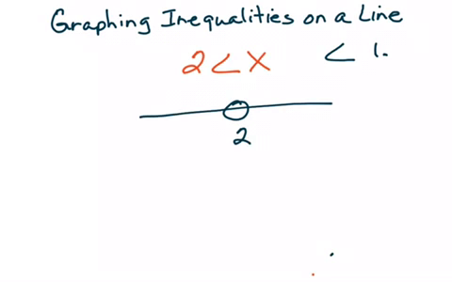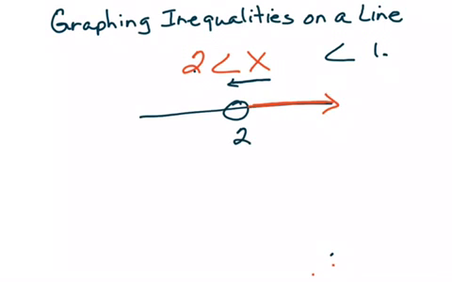But you can read it two different ways. You can either read it 2 is less than x, or you can also read it backwards like this, and you can say x is greater than 2. So in this case, I'm going to say x is greater than 2 because it's going in this direction.